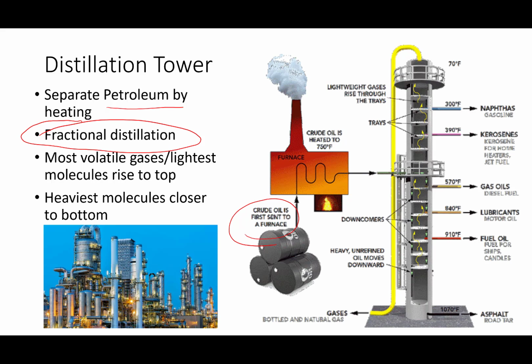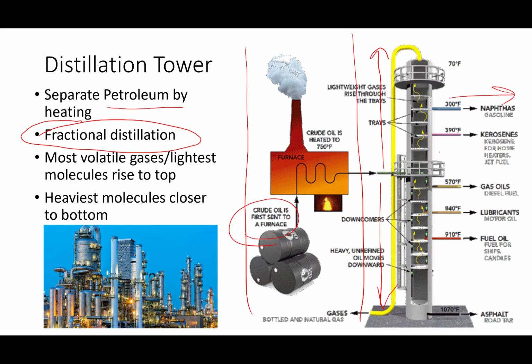And then it goes into one of these fractional distillation towers. The lighter gases rise up, the heavier solutions fall down. And then there are side vents that take off each fraction, and the fractions are pulled out depending upon the temperature at which it turns into a gas.